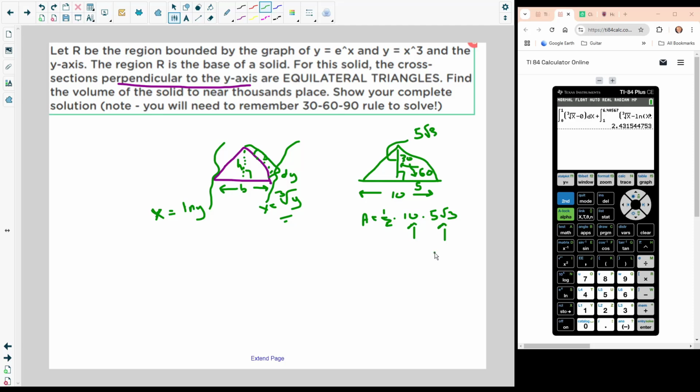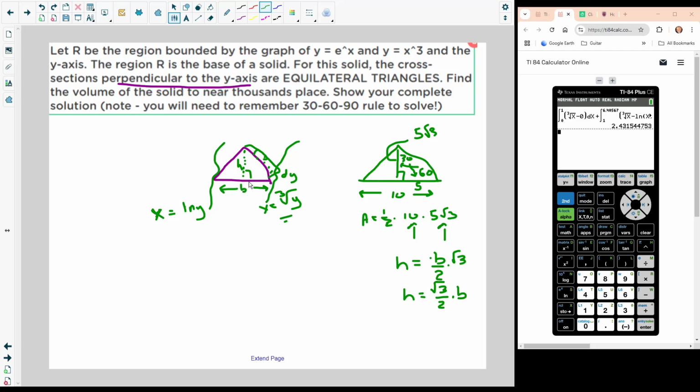I said times 2, I'm sorry, it's the base divided by 2. That's what the 5 is, times radical 3. So basically, the height is equal to radical 3 over 2 b. The height is equal to radical 3 over 2 b.